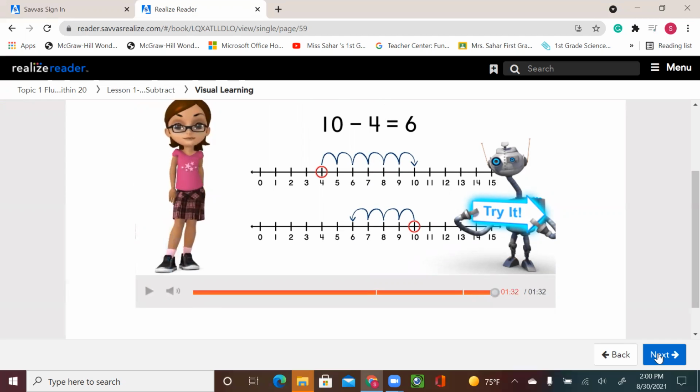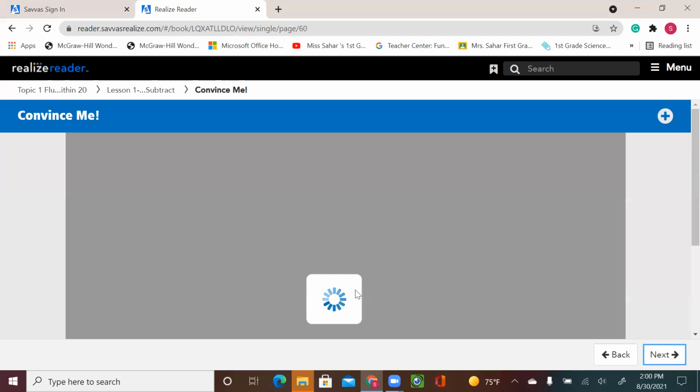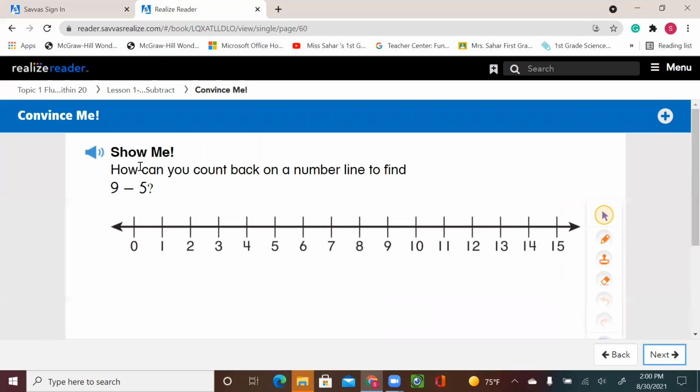All right, so we got this. If you count on or you count back, your answer will stay the same. All right. Now, how can you count back on a number line to find 9 take away 5? Again, we have two ways. Either you start from the lesser number and you count on.